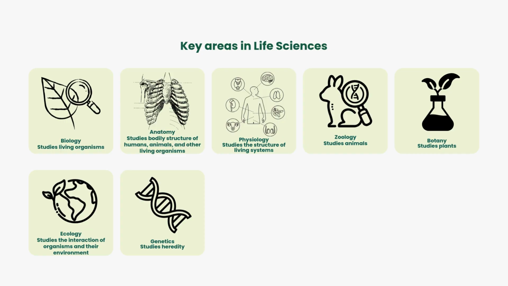Now, let's talk about how we group organisms. Humans classify living organisms based on shared characteristics. The most basic classification is into kingdoms, which are based on cell type and the number of cells. Prokaryotes and eukaryotes are the two main types of cells found in living organisms.